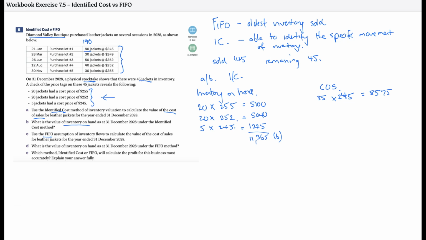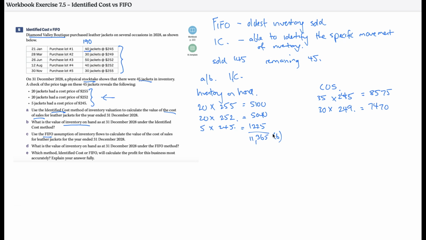If we look at the $249 jackets, we started with 30 and we have none when we did the inventory count or stock take. That must mean we sold all of them, being 30 of the $249 ones, which adds up to $7,470.